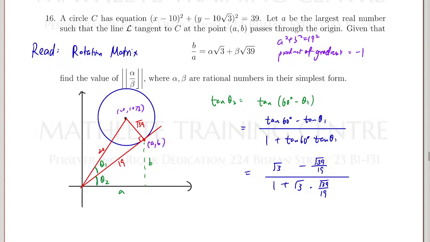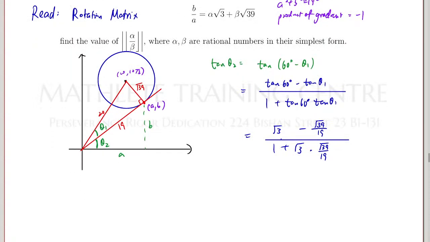Okay. It's a bit ugly here, but you can simplify it. So for example, one thing I like to do here is multiply both the top and bottom by 19. And then you get some very ugly expression here. Square root 117, in fact. And then now we rationalize it. Right? Quite a common idea.